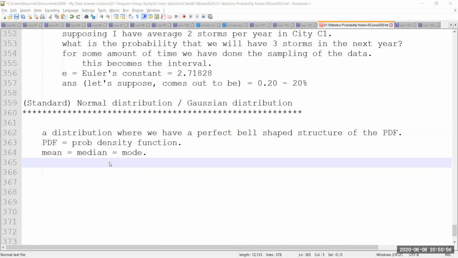There are already functions available in Excel, R and Python which can help you draw the probability density function, which we'll see when we do the coding. So we don't need to remember the formula, but there is a formula.